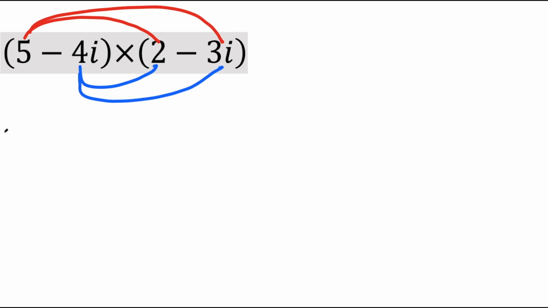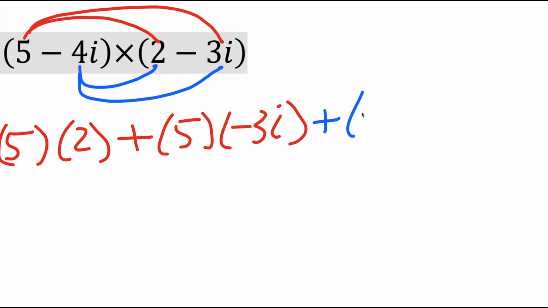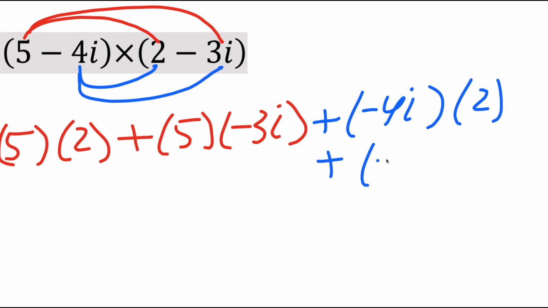So let's rewrite this. So we have 5 times 2, plus 5 times negative 3i, plus parentheses negative 4i times 2, plus parentheses negative 4i times negative 3i.